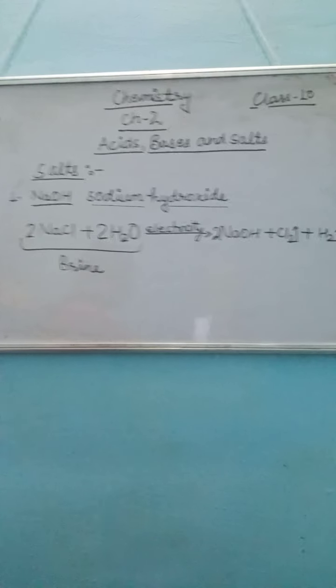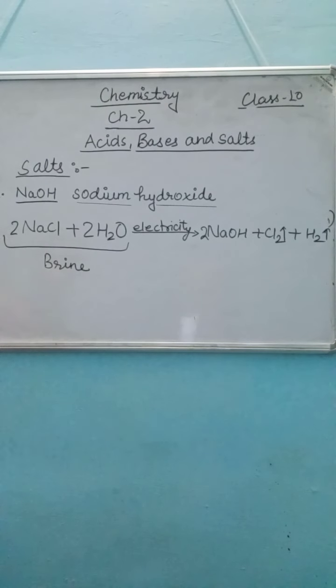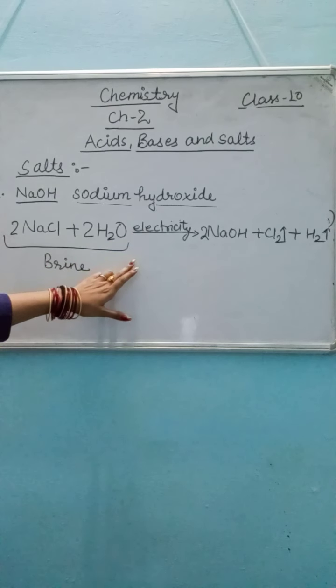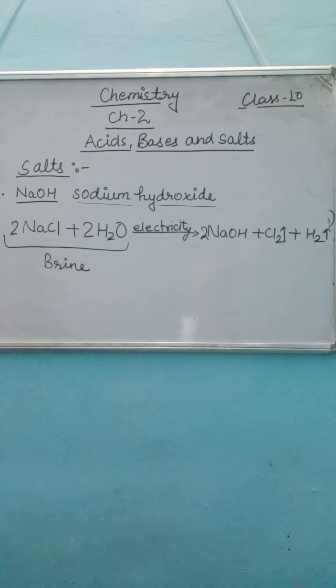So what happened in this reaction, student? When electricity is passed through brine, the aqueous solution of common salt, sodium hydroxide is produced, and chlorine gas and hydrogen gas are also produced. So this is the preparation method of NaOH.